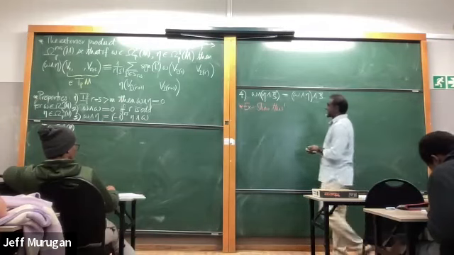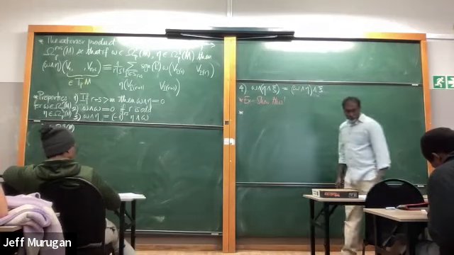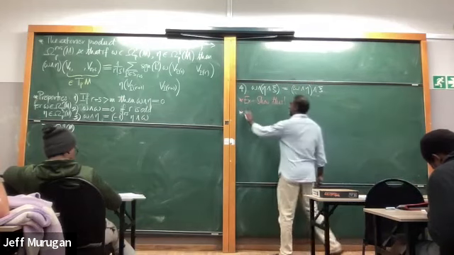The exterior product, this wedge product that we've got here, defines for us an algebra, the exterior algebra.